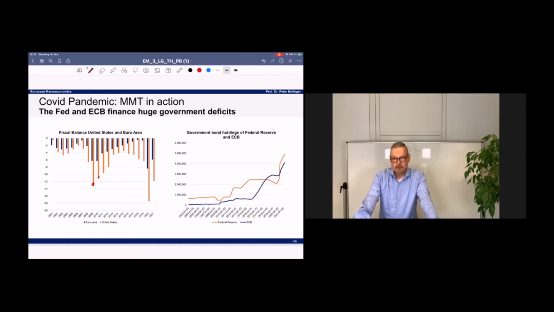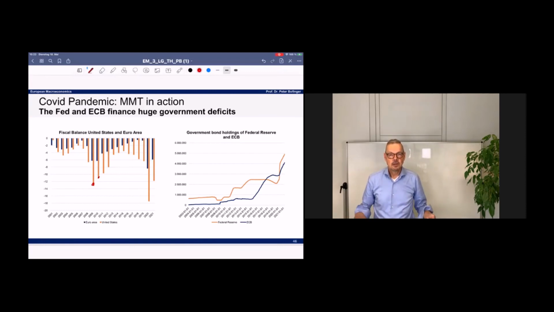And of course, one main explanation for this difference is the fact that the United States is a political entity. And in the euro area, we have the problem that we have a common currency, but we have 19 independent countries with 19 independent fiscal policies.